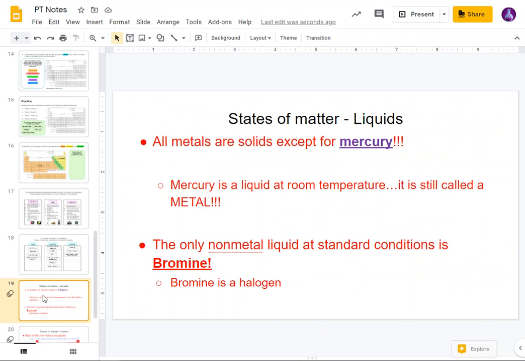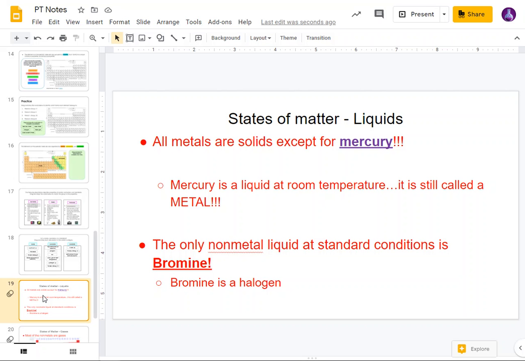Few other points here are the states of matter of certain elements at normal conditions. So when I'm talking about normal conditions, I'm talking about room temperature, which is somewhere between like 71, 72 degrees-ish. And then normal conditions would be 1 atmosphere, which is the atmospheric pressure at sea level. So we're right around 1 atmosphere here in Northern Virginia.